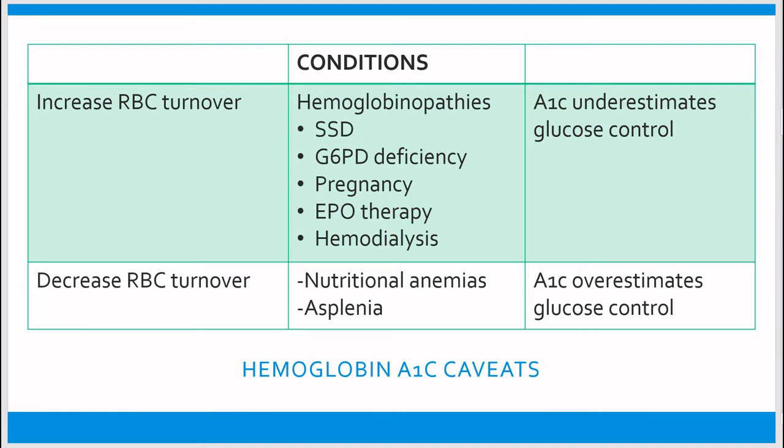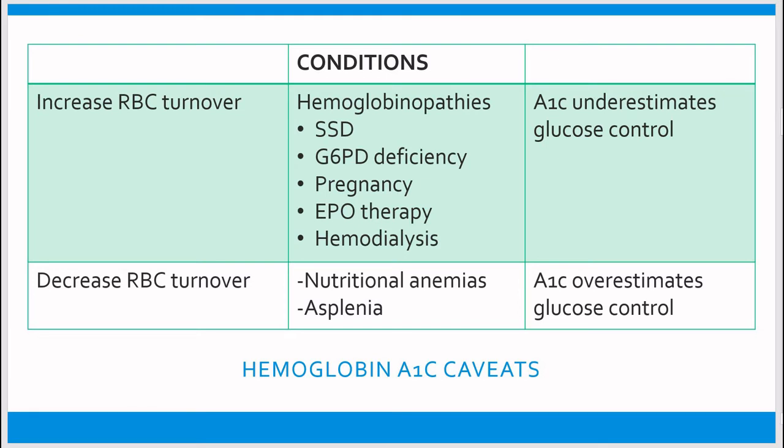Conditions that decrease RBC turnover include nutritional anemias such as iron deficiency anemia, B12 or folate deficiency, and also asplenia. For patients who have increased RBC turnover, the A1C underestimates glucose control. And for patients with decreased RBC turnover, the A1C overestimates the glucose control.